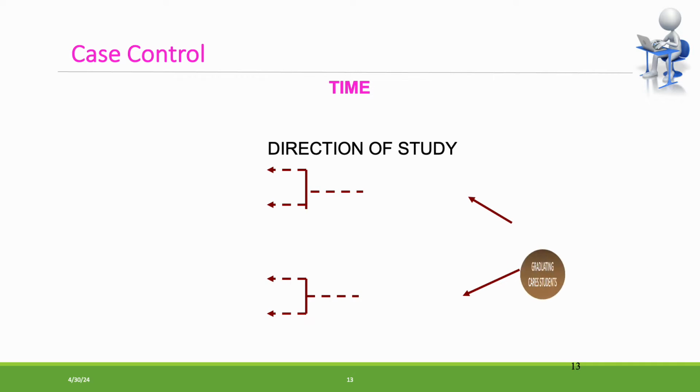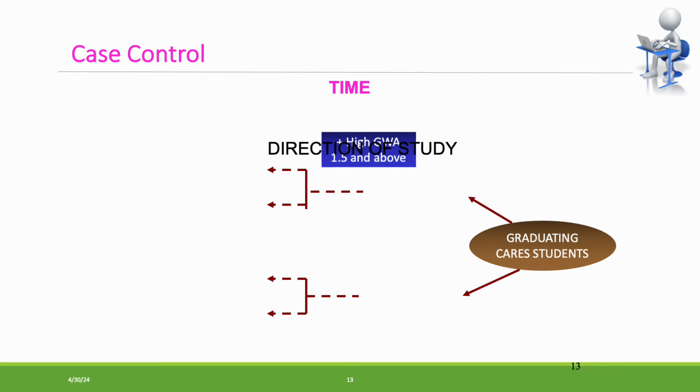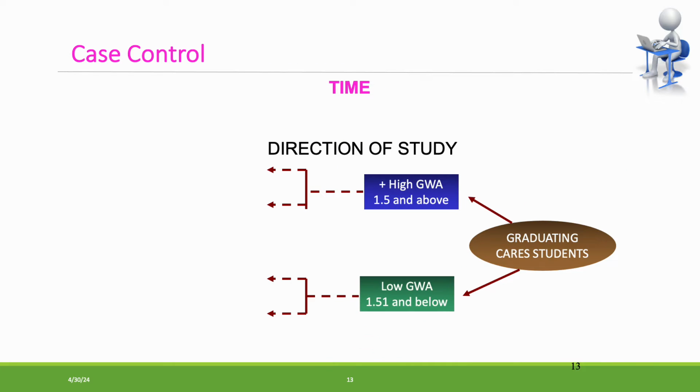Case control studies usually begin with two groups. The cases are those with the disease or the outcome of interest, and the controls are those without the disease or the outcome of interest. In this study, we used the GWA, either high as the case, and low GWA as the controls.